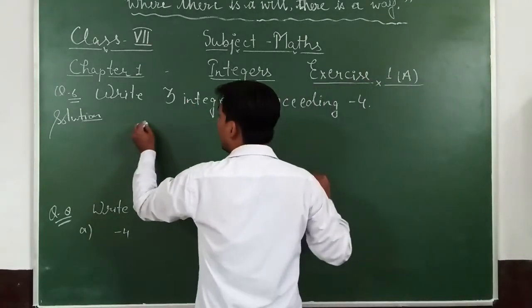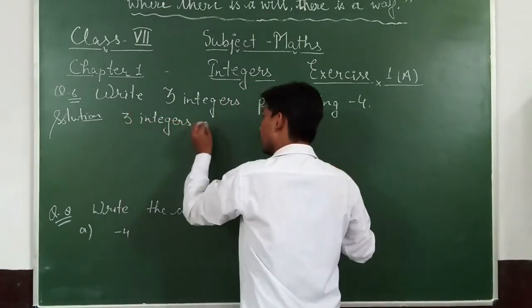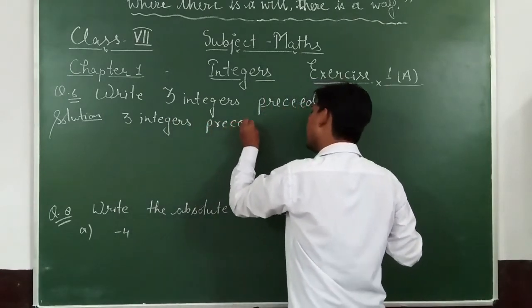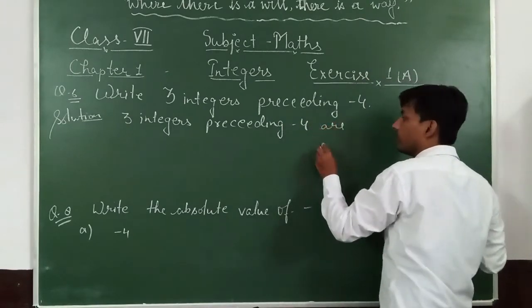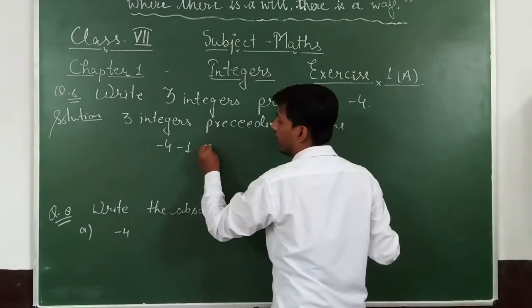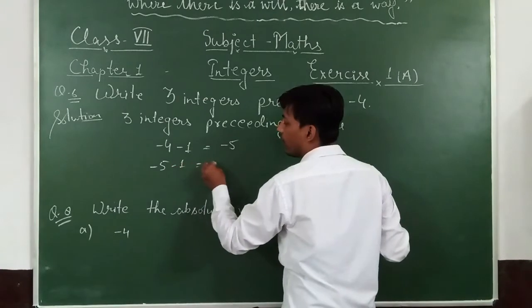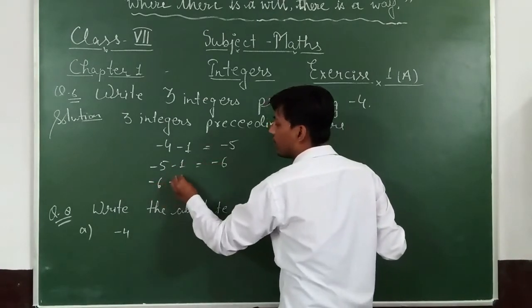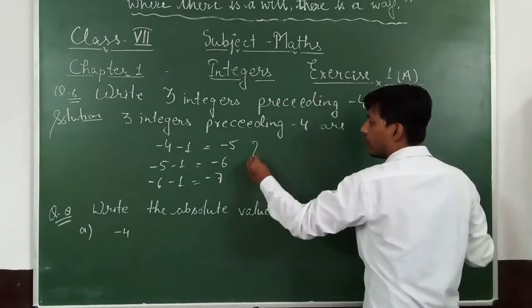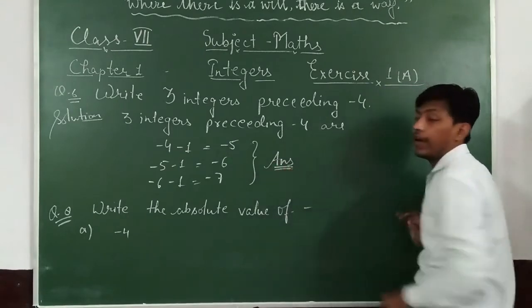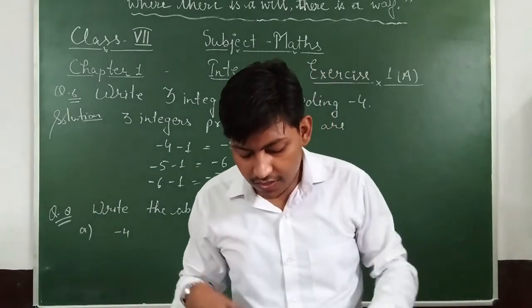So the 3 integers preceding -4 are: -4 minus 1 is -5, -5 minus 1 is -6, and -6 minus 1 is -7. So the answer is -5, -6 and -7.